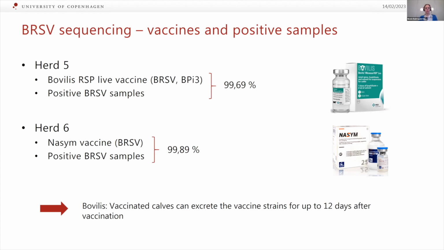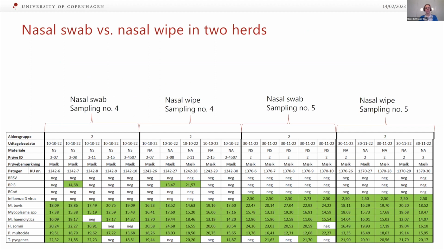In 2 other herds, we made a minor study where the veterinarian, beside the nasal swab and the fecal sample, also collected nasal wipe samples, and these nasal wipe samples were collected from the same animals where he also collected the nasal swab samples from. And here we wanted to compare the pathogen findings in these two sample materials.